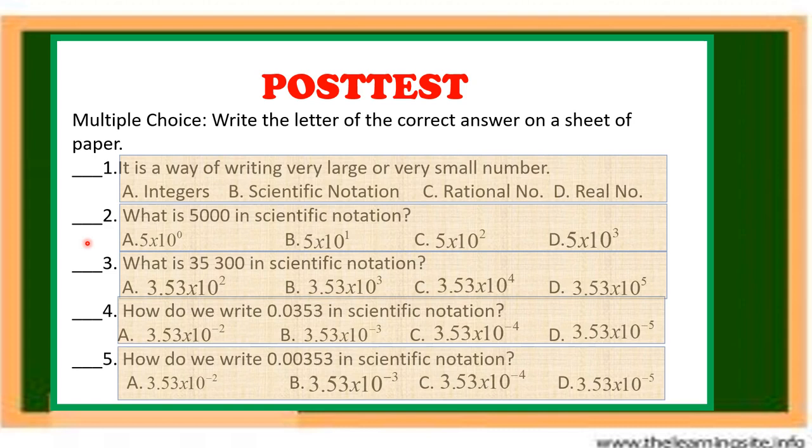Last number, how do we write 353 in scientific notation? 3.53 times 10 raised to negative 2, negative 3, negative 4, or negative 5.